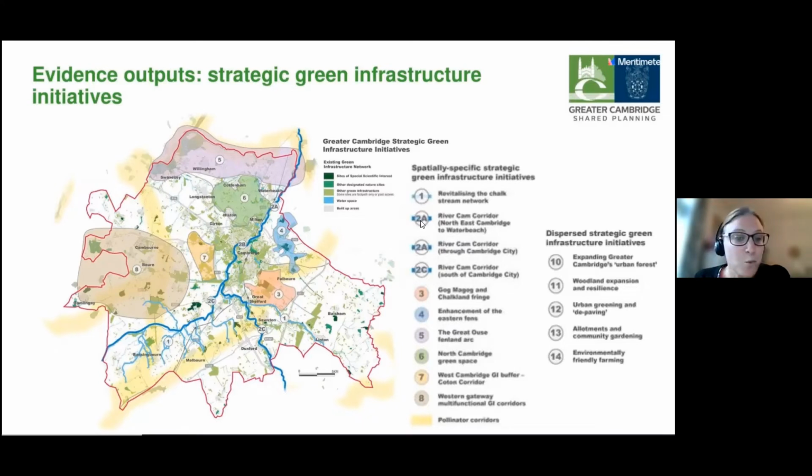Initiative number 1 is focusing on revitalizing the chalk stream network. This initiative aims to conserve and restore these internationally rare chalk streams, also to increase their ecological value, and alongside that to protect the East Anglian chalk groundwater resource.